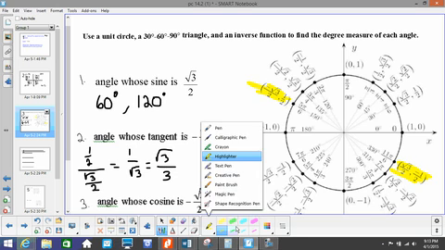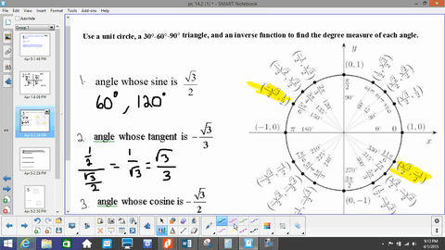So the angles there, we'll write this one in red so it's not in the same color, is going to be at 150 degrees and at 330 degrees. Depending on how the problem is written, sometimes I might ask for those angles in radians. In that case, it would just be 11 pi over 6 and 5 pi over 6.